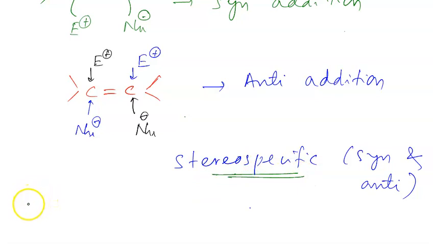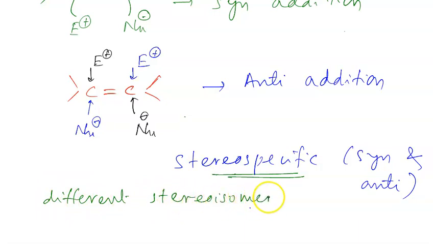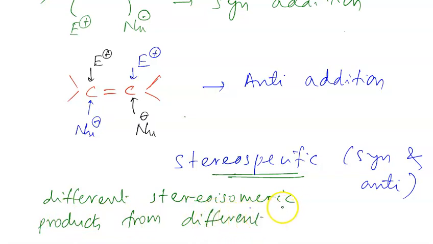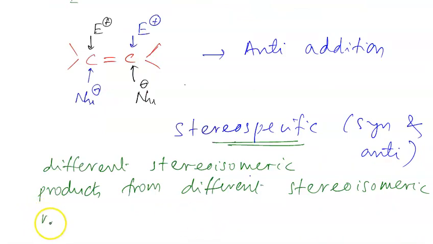When the reaction mechanism leads to different stereoisomeric products from different stereoisomeric reactants, then we say the reaction is stereospecific.